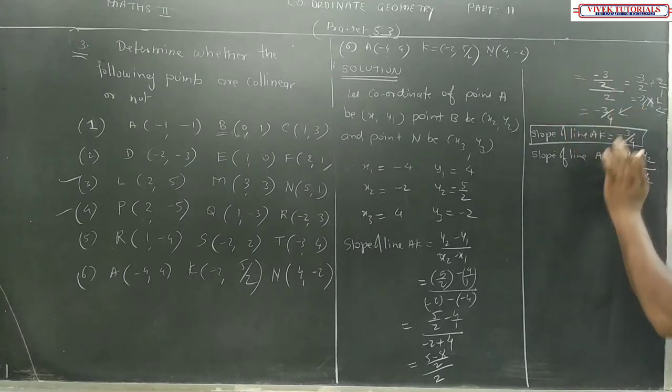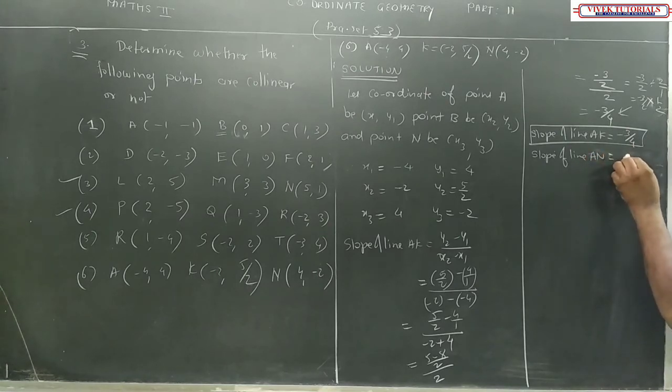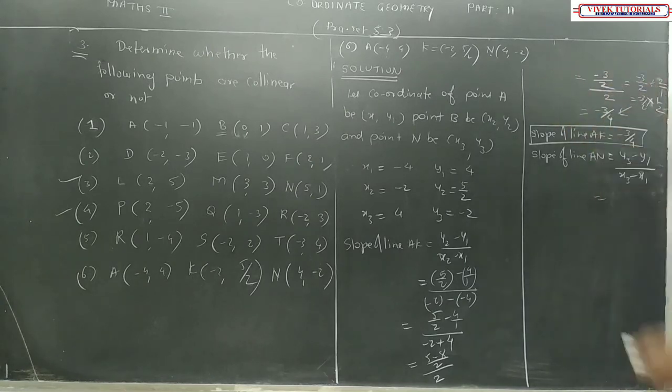AN is equal to (y3 - y1) upon (x3 - x1). y3 is -2 and y1 is -4.